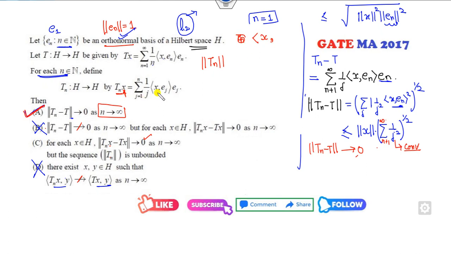This is my x. What is the remaining part? It is ej over j. Fine, because this is my summation, I can open this as ej over j, so this is nothing but this value. So what is the norm of this? Because it is 1, what does it mean? This is bounded. So once this is bounded, this option is cancelled out. The only correct option is A, the right answer.